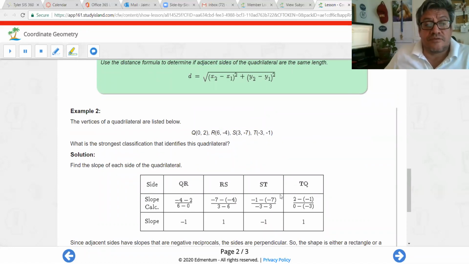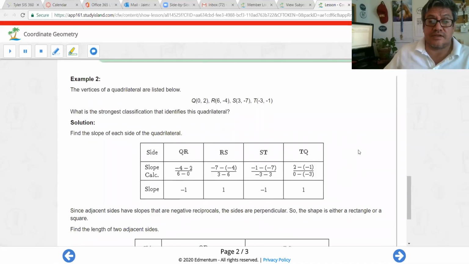They do the calculations for you. The slope of QR is -1, RS is +1, ST is -1, and TQ is 1. If you look at the slopes, they're negative reciprocals of each other. So that should tell you that it is definitely a rectangle or square.